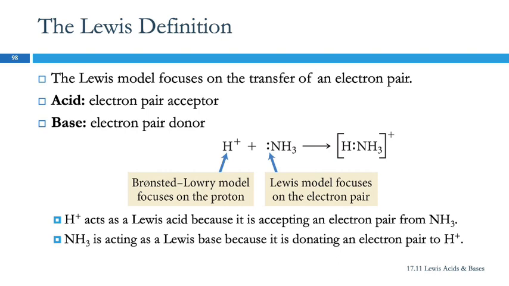So here we're focusing on transfer of an electron pair instead of transfer of a hydrogen ion. And if you think about it, a hydrogen ion being a proton and an electron pair, they're kind of opposites of each other, right? So an acid is an electron pair acceptor.